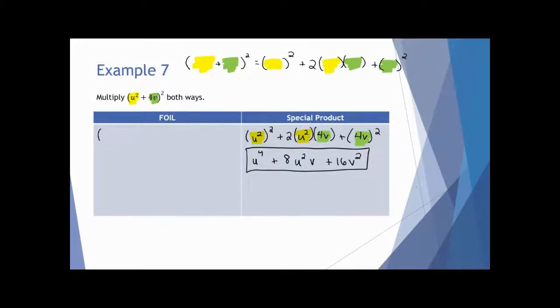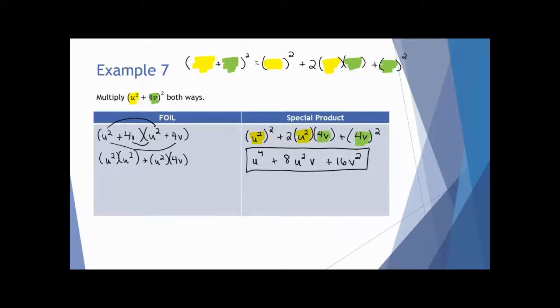Now to compare that to FOIL, it's u squared plus 4v squared, so I have to write it twice. So I multiply the first term, so that's u squared times u squared. Then the outside, so that is u squared times 4v.